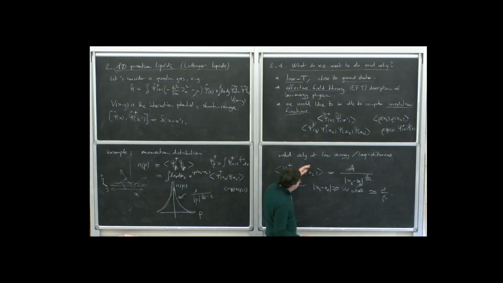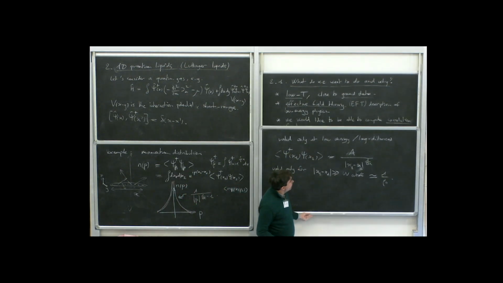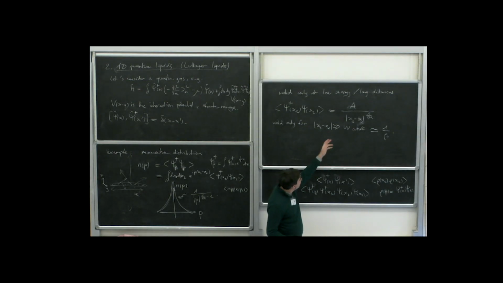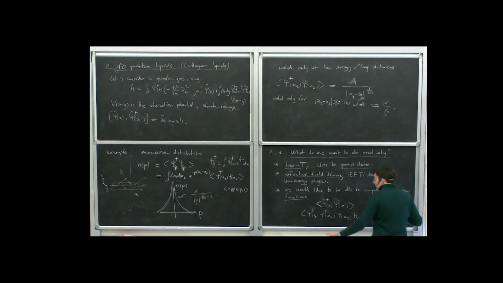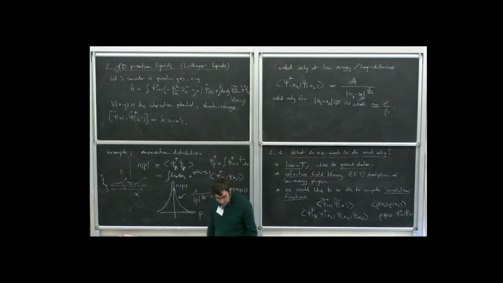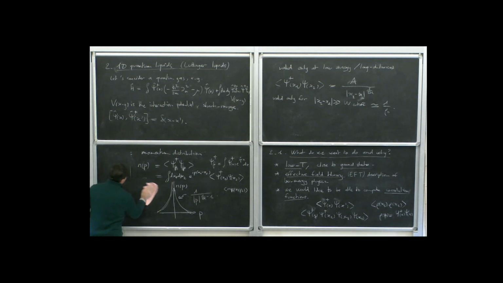So the correlation functions that you get from the effective field theory description are valid only at distances much larger than the cutoff. If you're asking questions about short distance physics, then you will never be able to answer them with this type of approach. This is, I think, particularly clear if you use that language, but sometimes when people present things in terms of bosonization, it's not so clear.